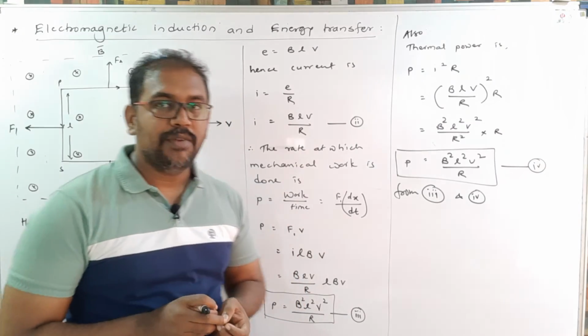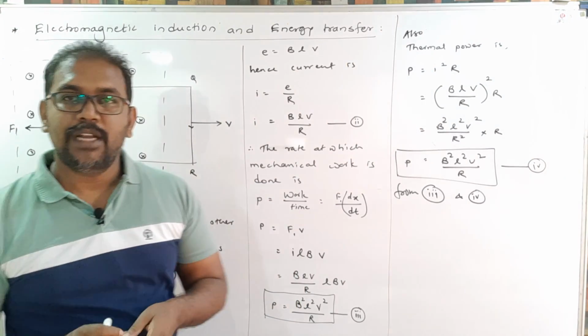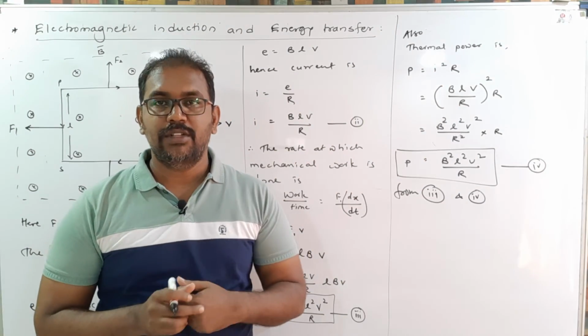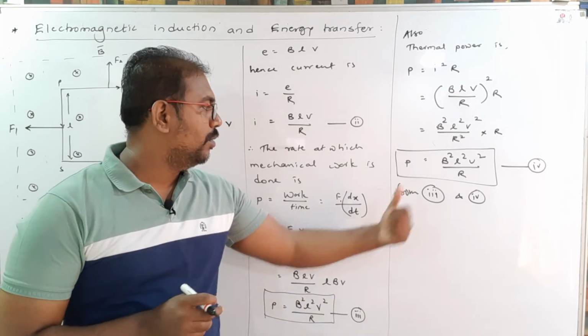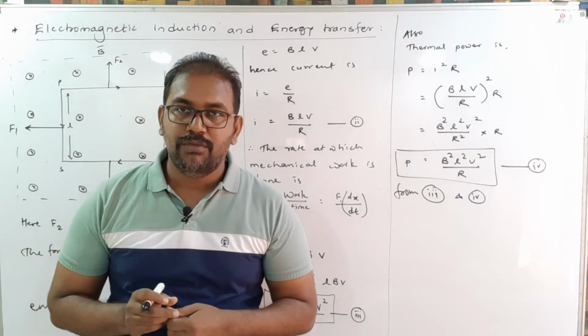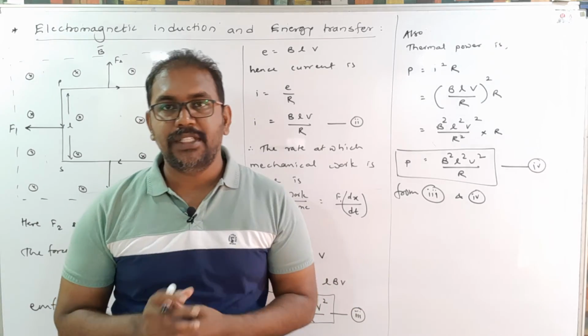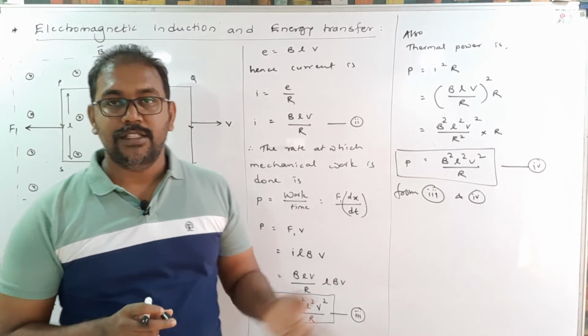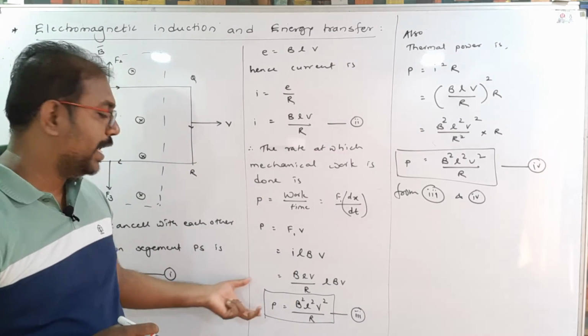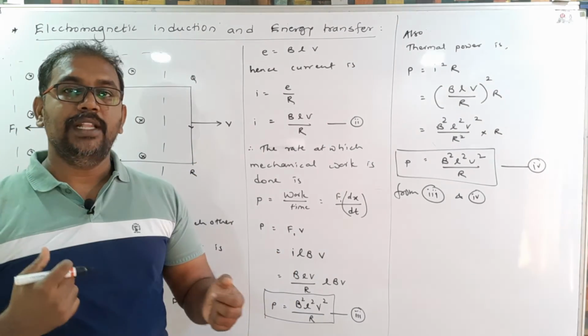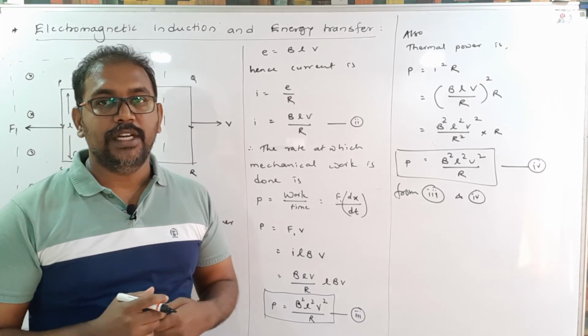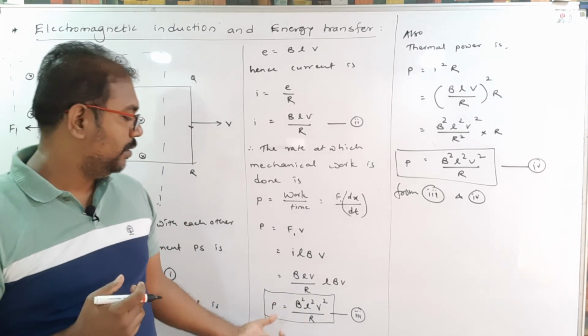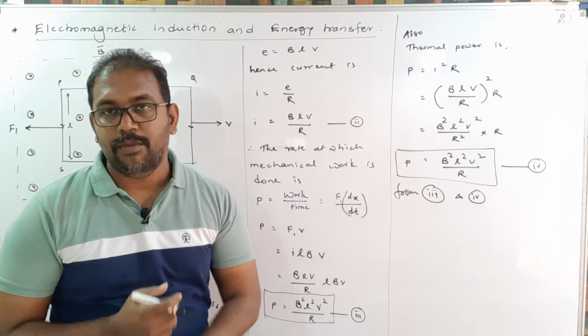It means that whatever mechanical work we are doing is converted into heat. Both rates of work done, or both powers, are the same. Therefore, we can conclude that energy is conserved. Whatever mechanical work we do to pull the coil is converted into heat, and because of that we get the same formulas.